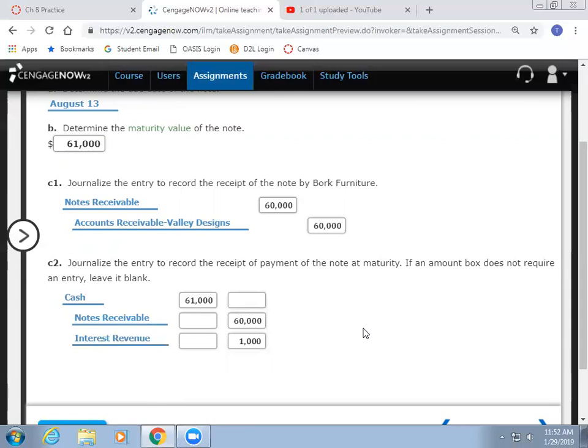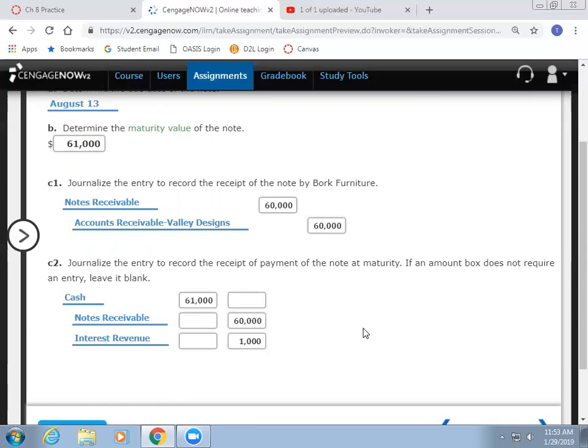Okay. So to calculate interest, you're always taking the face value of the note times the interest rate times the time in days. And the reason for that is that 5% is an annual interest rate. So they would owe us 5% interest if they borrowed $60,000 for one whole year. We just want to charge them 120 days worth of interest.